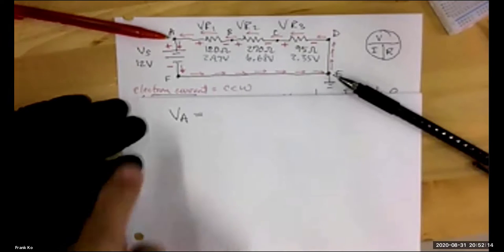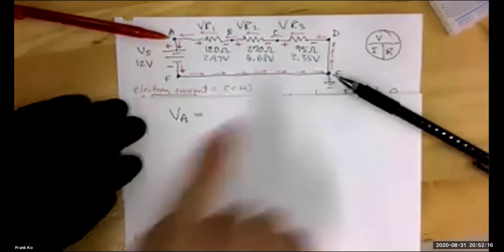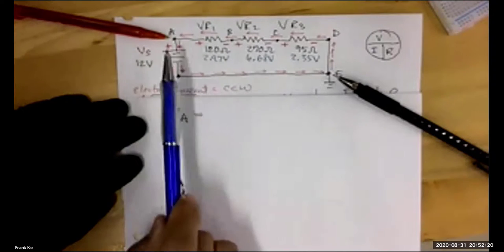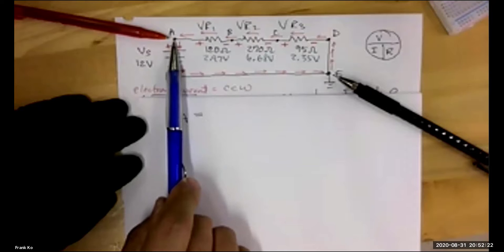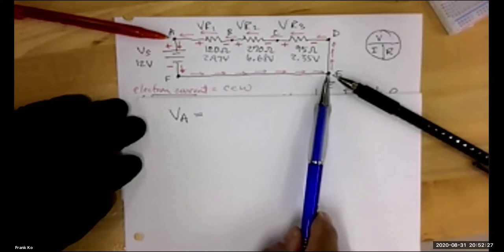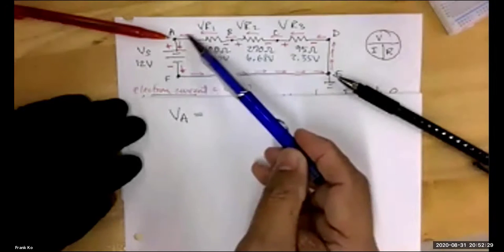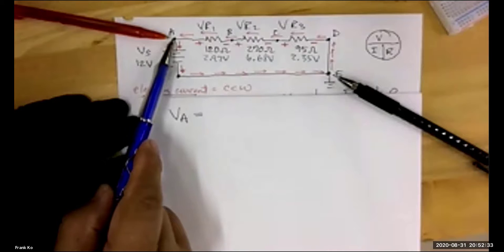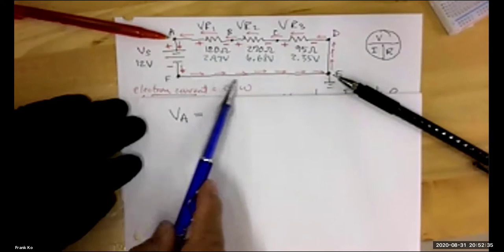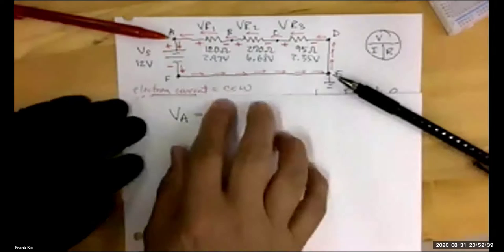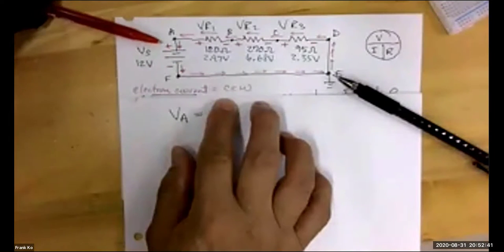All right, so my red probe is at point A, my black probe is at point ground. And there's a couple ways to read this value. One way is to read it straight down and then over to the black probe. And the other way is to read it from here across the top and straight down. Well, watch. If I'm at point A and I want to read the short path to ground, the very first polarity the red probe sees as I come down is what polarity?